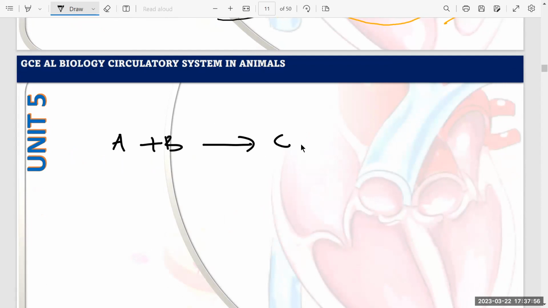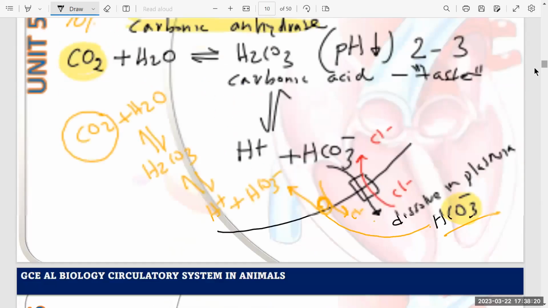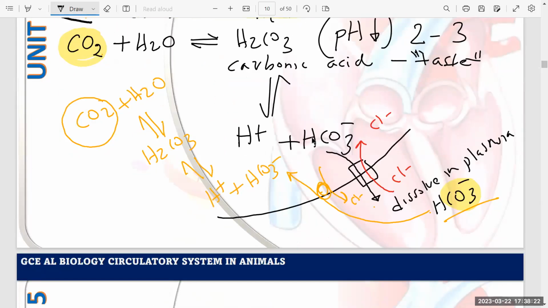C increases and the concentrations of A and B decrease, because A and B convert into C. So to keep the reaction moving forward, C is removed from the cell, and then A and B can continuously convert into C. This is the example: bicarbonate ion moves out into the plasma.